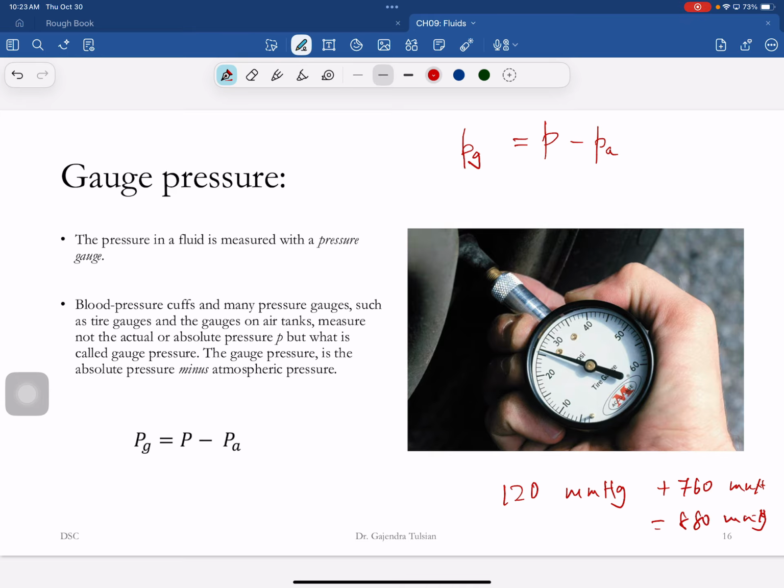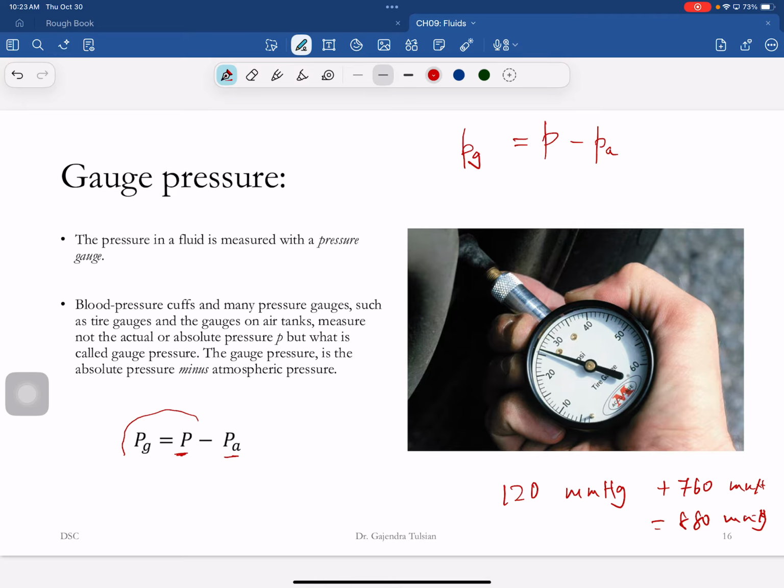That's the actual pressure. But if you told patients that, nobody would come to your office and you're not making money. So a lot of the pressure that we talk about in the healthcare industry is gauge pressure, how much above the atmospheric pressure it is. So gauge pressure is actual pressure minus atmospheric pressure.